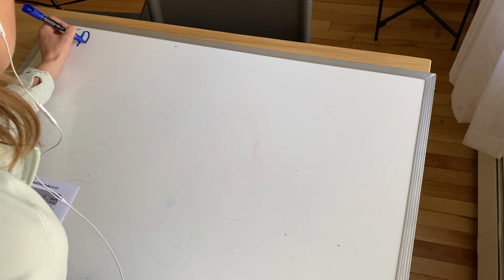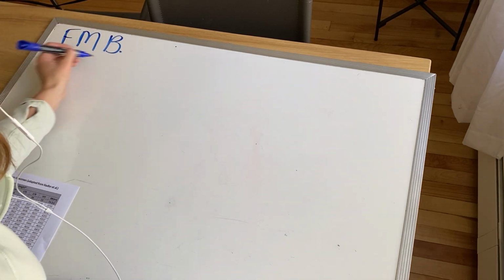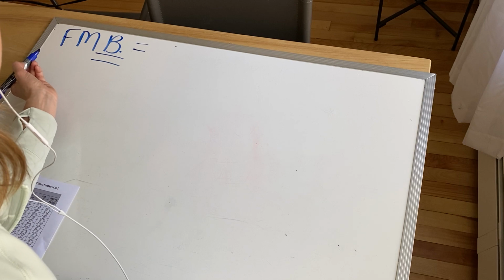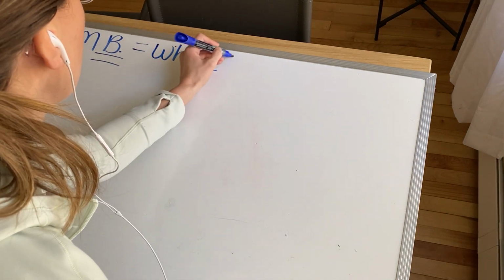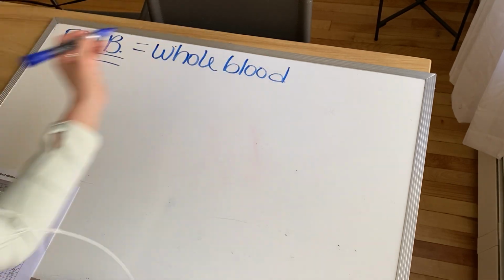And now for the actual calculation, I'm going to do it out for you guys. So basically what we're doing is we're calculating first the feto-maternal bleed. It's a bleed. So it's whole blood. Okay.